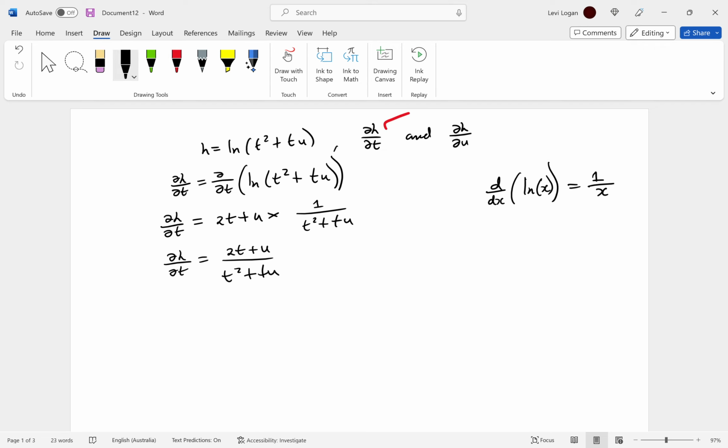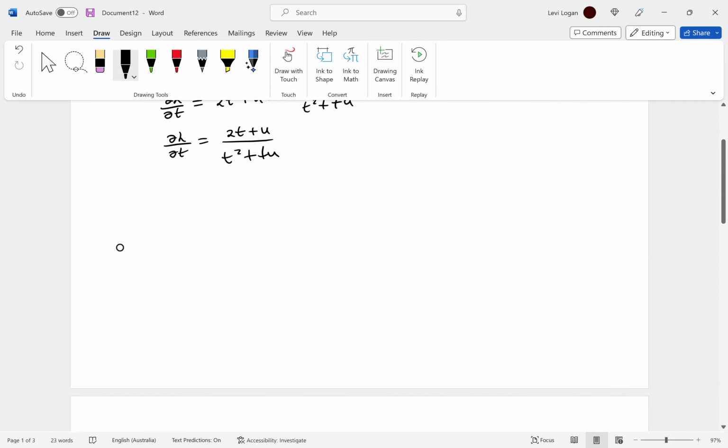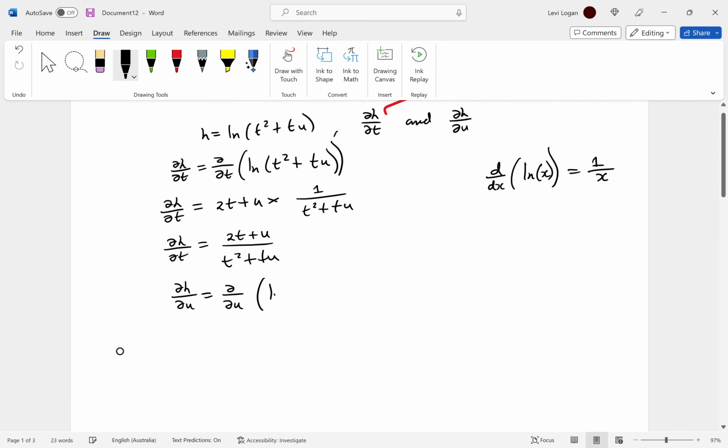Second part, partial derivative of h with respect to u. Differentiate this entire thing with respect to u and just treat t as a constant. So you're going to have to do chain rule again. Differentiating the inside, you're going to have t, because t squared is gone as it's treated as a constant.